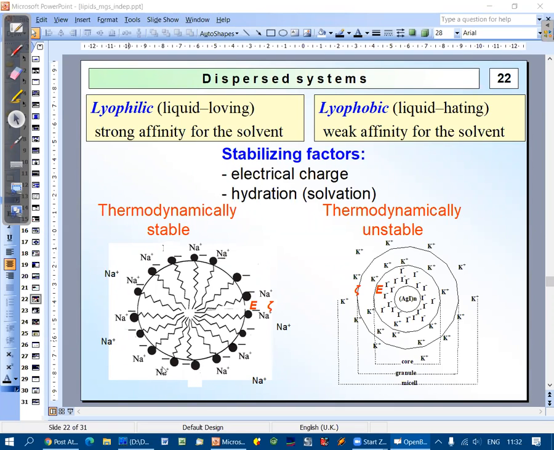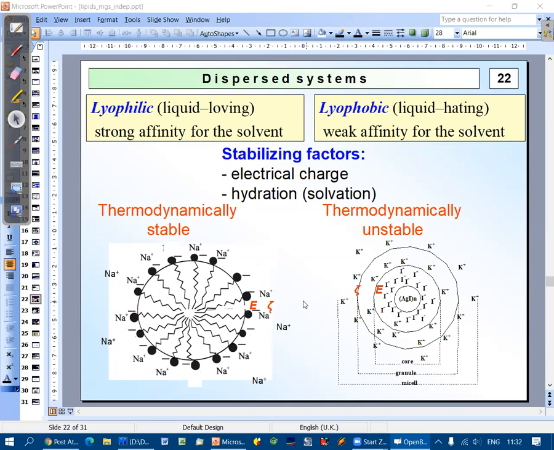It will be surrounded by dense layer of potassium cations, and it will be granule. And after that, the rest sodium cations will form a diffuse layer, and it will be a micelle. Exactly the same structure, and as a result, exactly the same factors of stability.